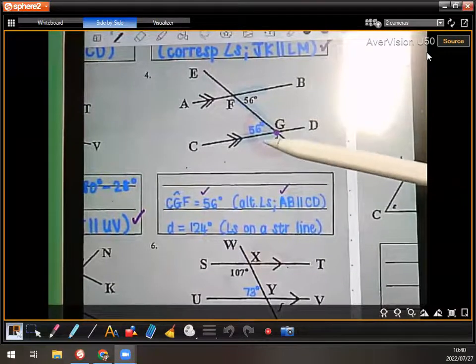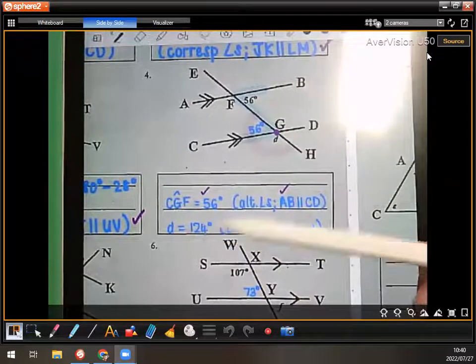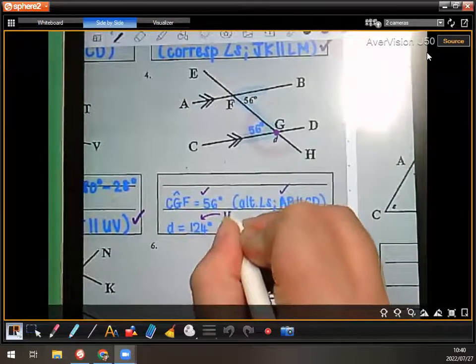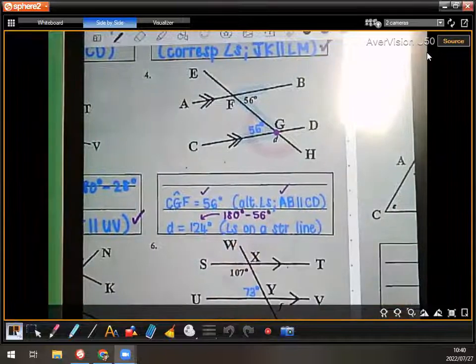Then after that, you now need to say, because I've used angles on a straight line, again, you don't have to write your calculation. You can if you want to. I'll just add it in here. This was 180 minus 56. Angles on a straight line add up to 180 degrees.